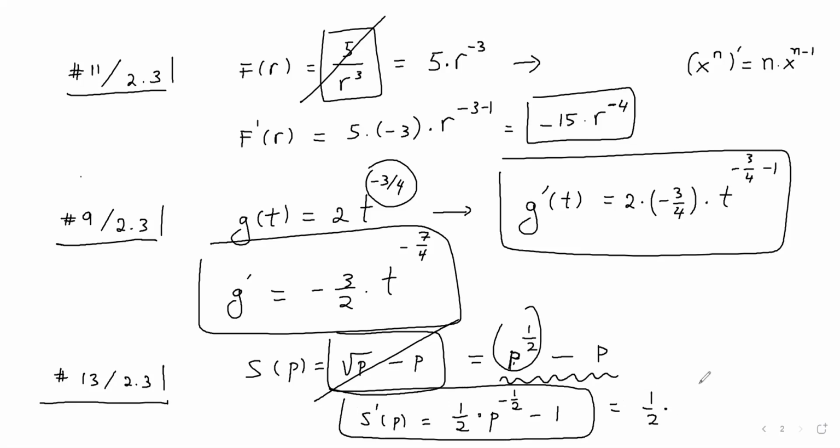So this is the same as 1/2 times, and p to the negative 1/2 can be rewritten as 1 over p to the 1/2. And since p to the 1/2 is square root of p, this is 1 over square root of p. So 1/2 times 1 over square root of p minus 1, which is the thing that I have here. So this is the final answer. They might write it in the book like that. I don't know. I haven't checked.